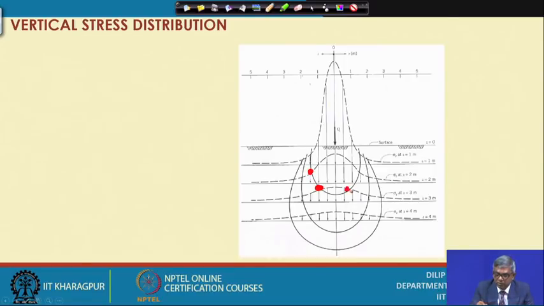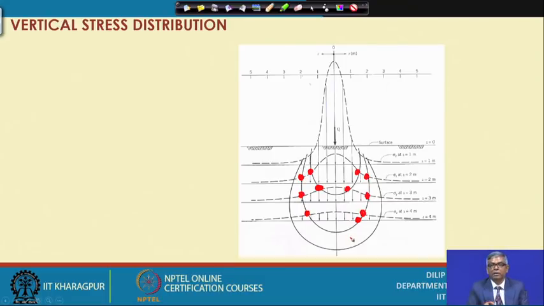Similarly, this point's stress will also be the same. Similarly, I may find that at this point the r and z are different, and if you apply them to this equation, you may get the same value. Similarly, this value and this value are also the same.